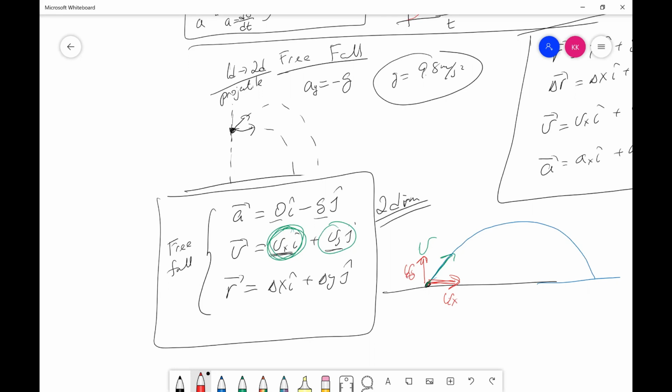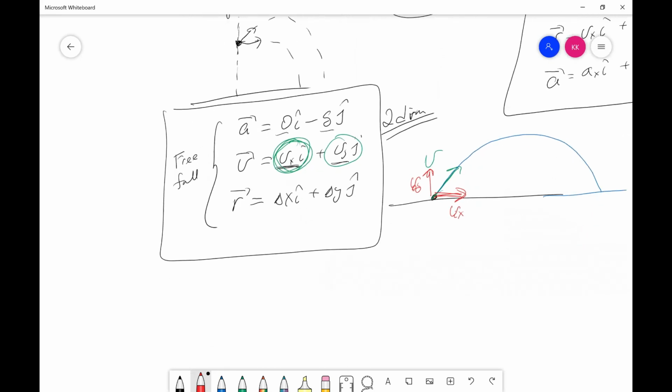Or if you have an object that goes off the cliff or something like that, you can see, right, velocity, now it has an x component initially, but no y component initially. But still, for the two-dimensional free fall, you have an x component velocity. Either it's entirely in the x direction initially at t equals 0, or it has a y component.